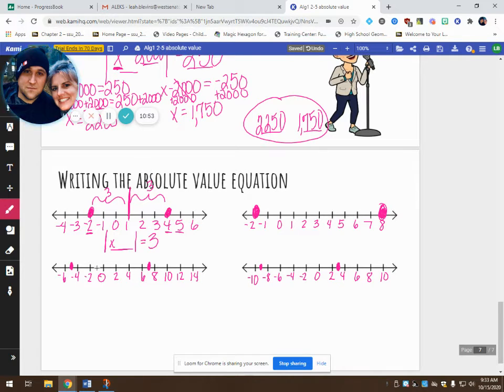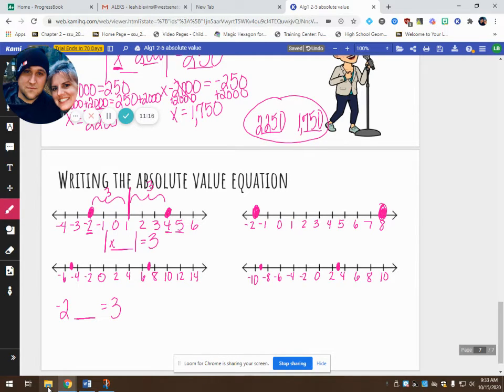Okay, we know my answer is -2. So let's think about that. -2 plus or minus some number here is going to equal 3. How would I get from -2 to a +3? Think about that for a second.